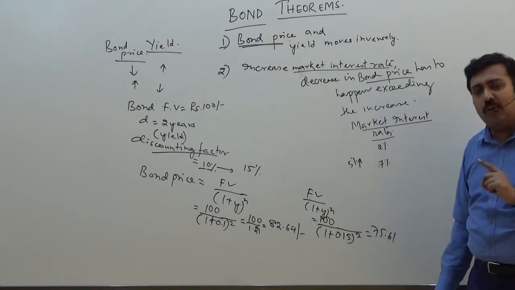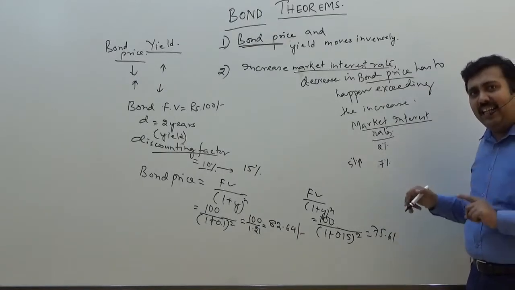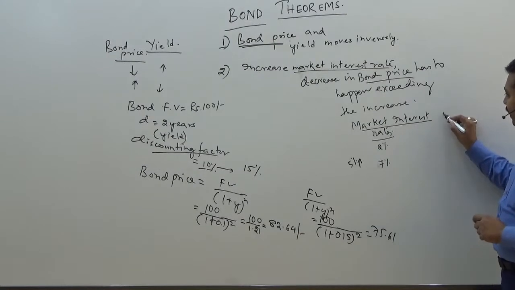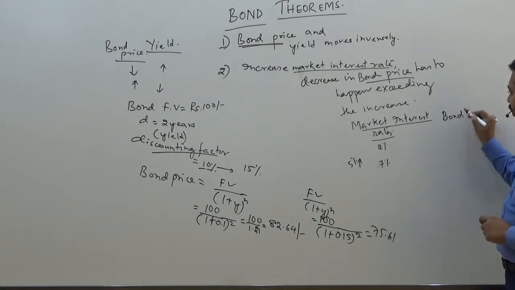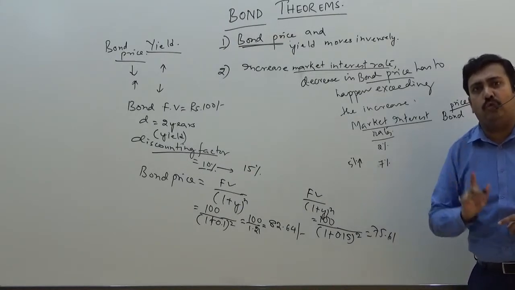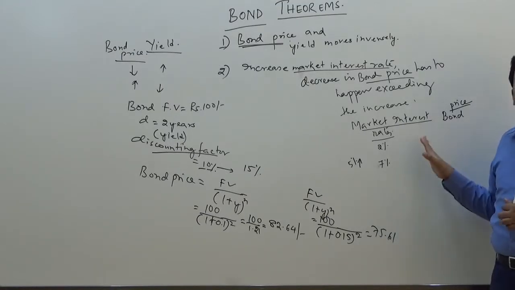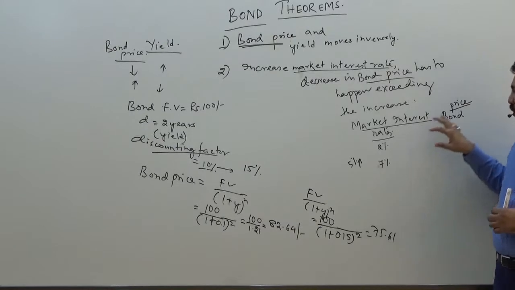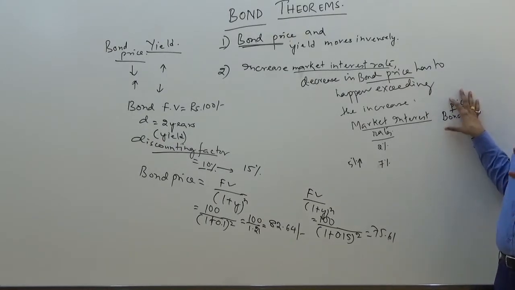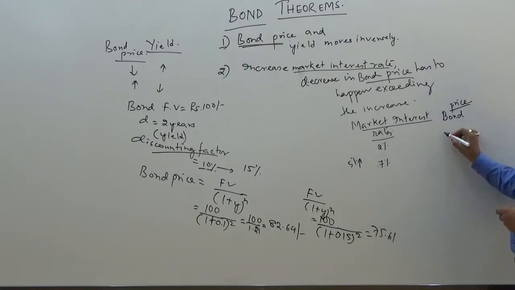Right? Now, the moment we increase the market interest rates, what should be the impact on the bond price? The bond price is supposed to fall because the investors will lose the interest to invest in the bond markets.